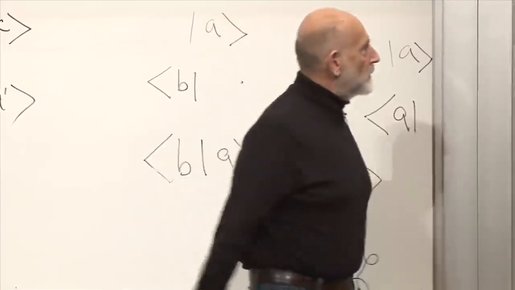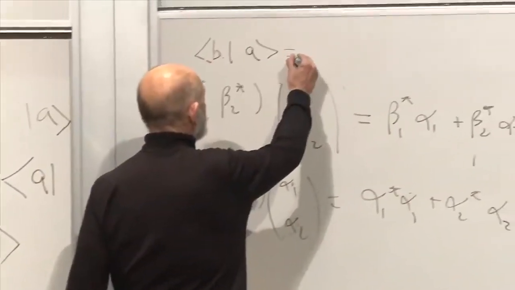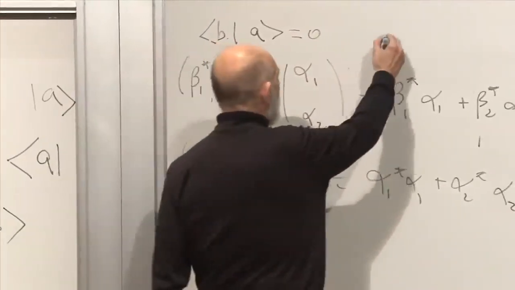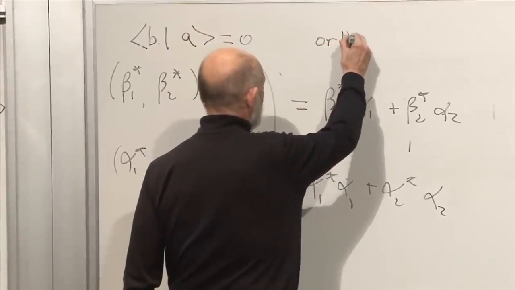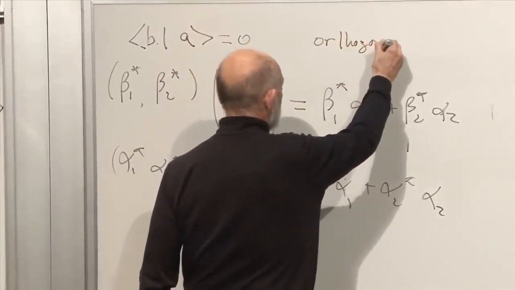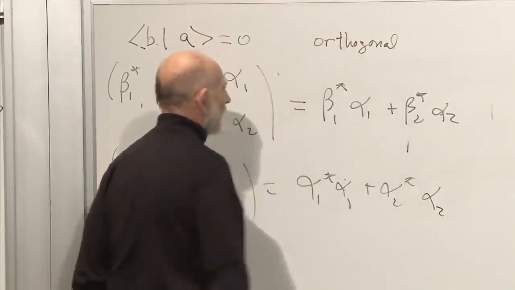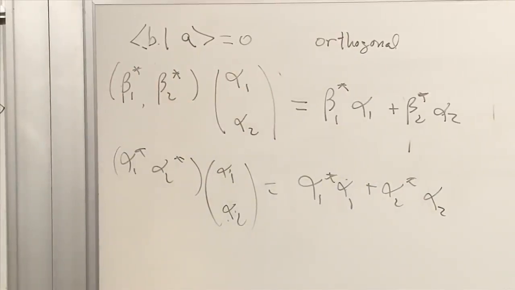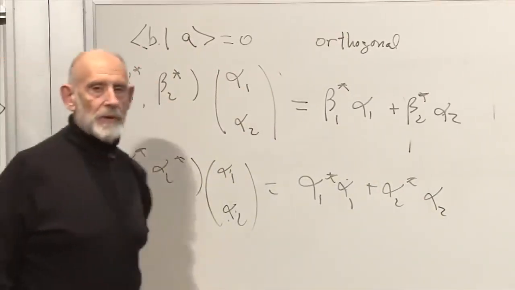If the inner product of two vectors is 0, they are said to be orthogonal, or perpendicular. So two vectors are orthogonal if the inner product between them is 0.